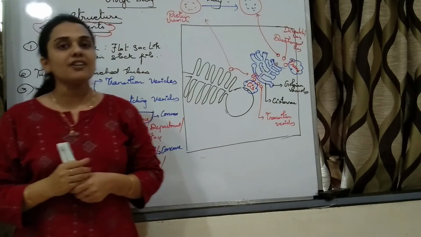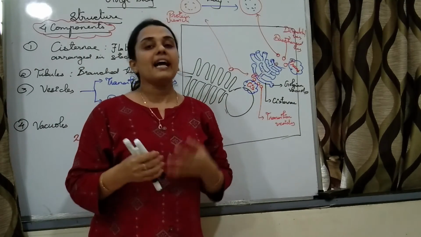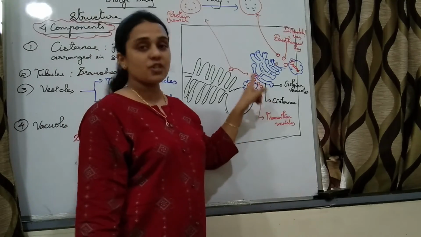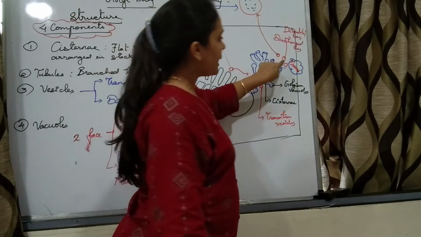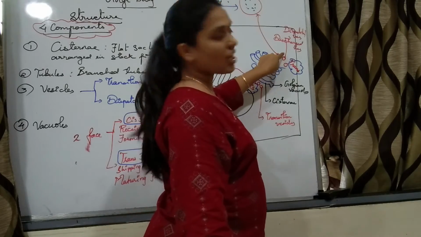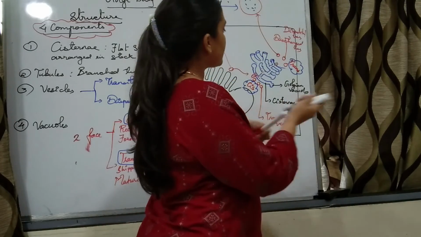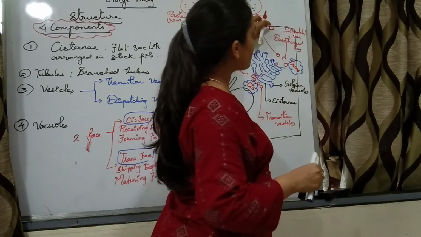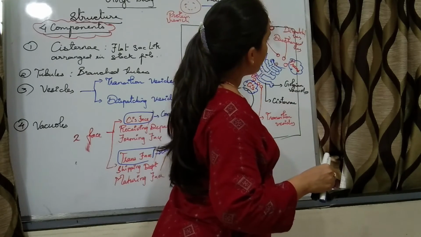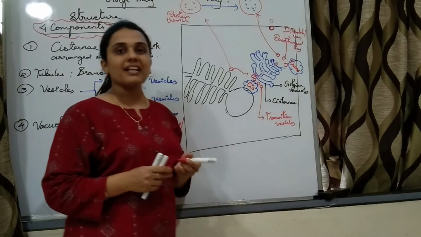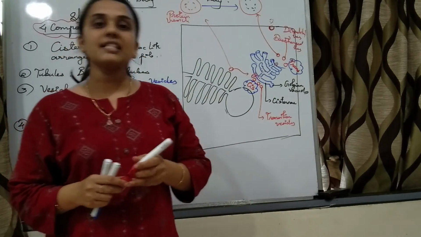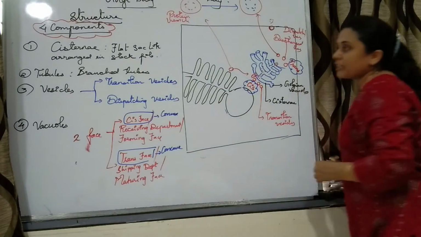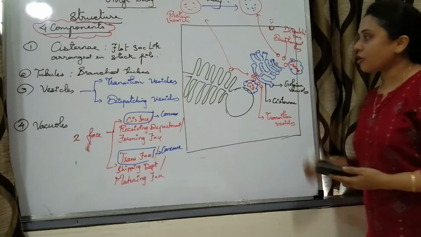The Golgi body's main function is modification and packaging of materials. That is why this phase is the forming or receiving phase, and from here the vesicles are dispatched. These vesicles might bind with the plasma membrane and the content may be poured outside. That process is called reverse cytosis. So now we are going to study the functions of the Golgi body.